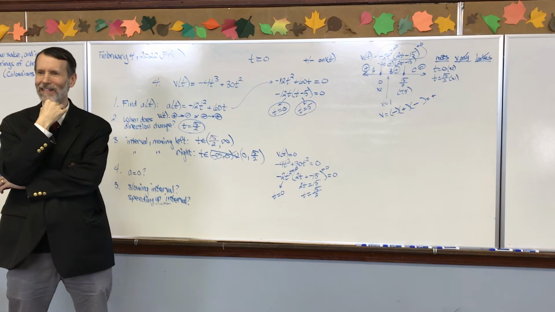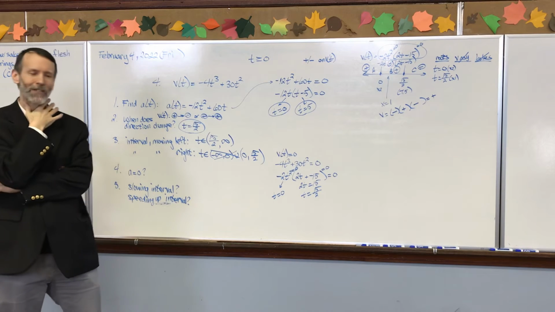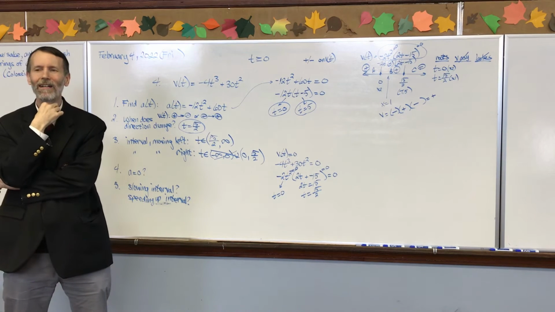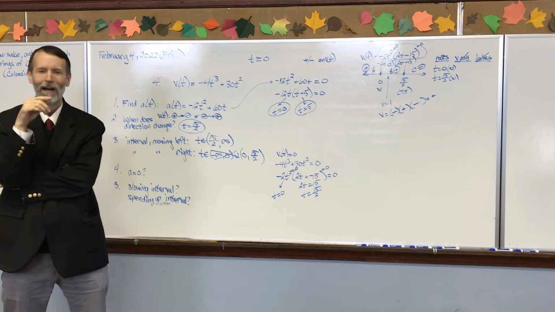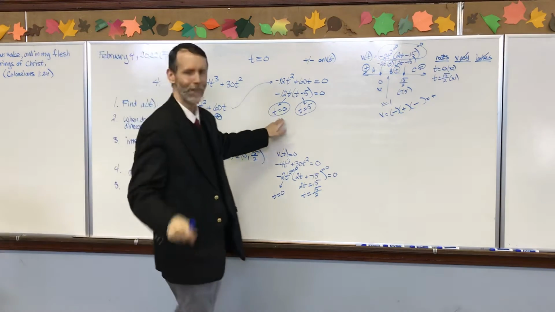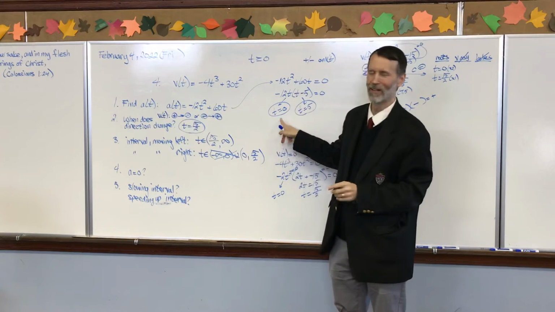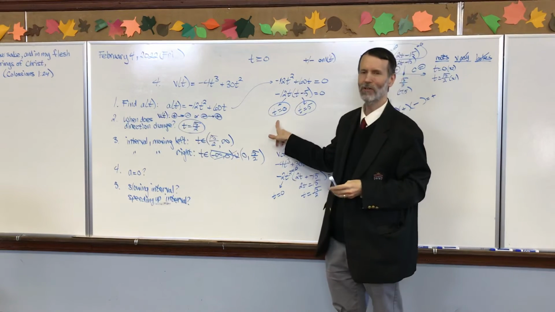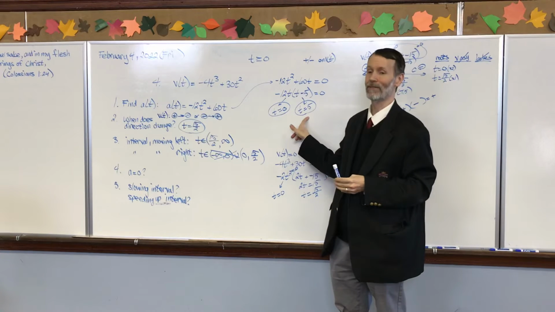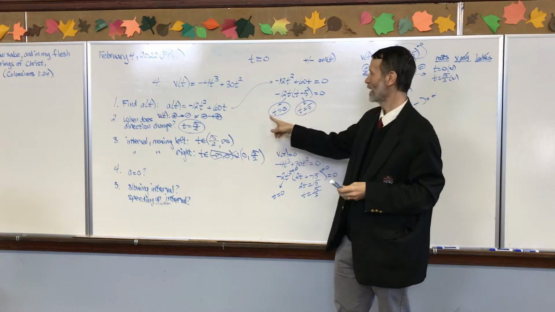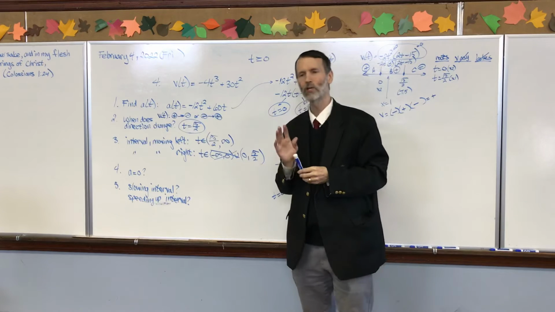Well, none. Stop. None? Okay, why do you say that? You're right, by the way. When you put in t equals 0, you get 0, so there's no acceleration. Right. At the very, very beginning, there is no pull left or right. Pull is acceleration. There's no pull when t is 0, and there's no pull when t is 5. What's happening between 0 and 5? Which way is it being pulled?